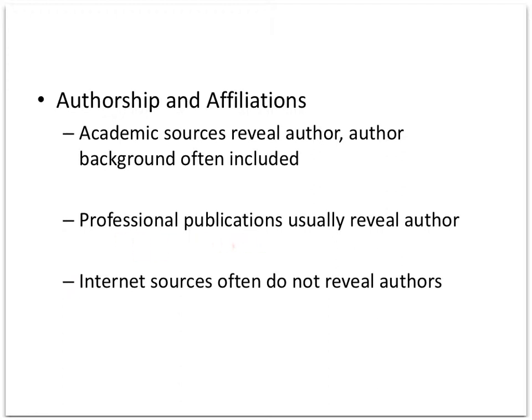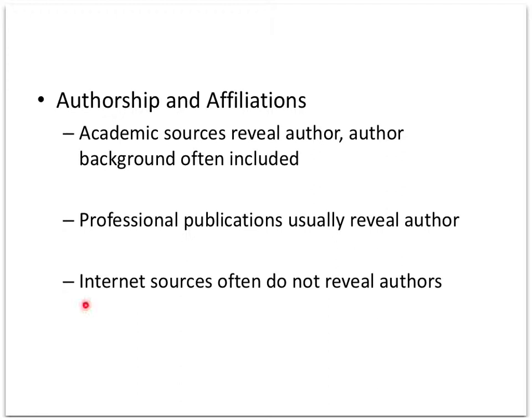Professional publications, when they do reveal the author, usually will not describe any particular background the author has. They may not. It depends largely. However, you generally will not see any information regarding the author's, for example, political biases or so on.